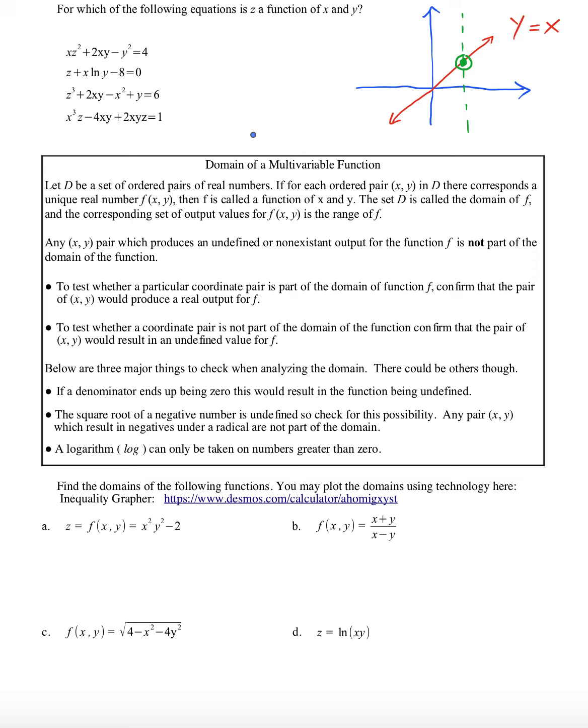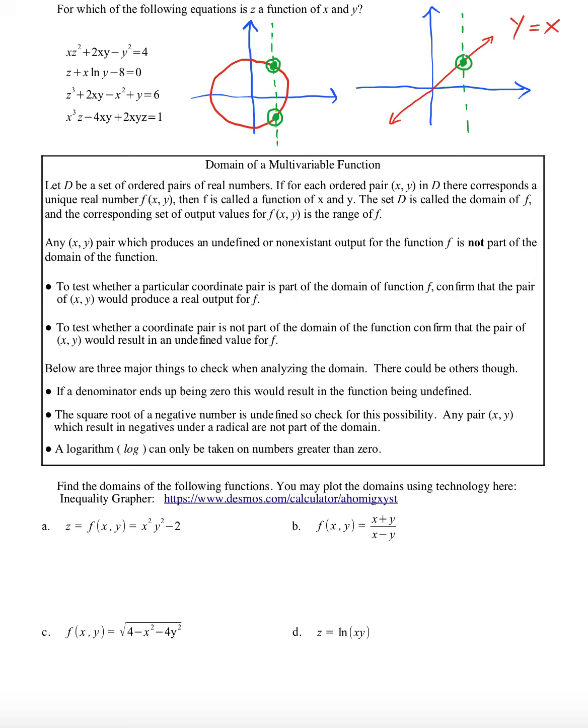Let's take a look at a circle equation now. A circle would actually fail the vertical line test because a vertical line can intersect the circle twice. Now let's attempt to draw some multivariable functions.